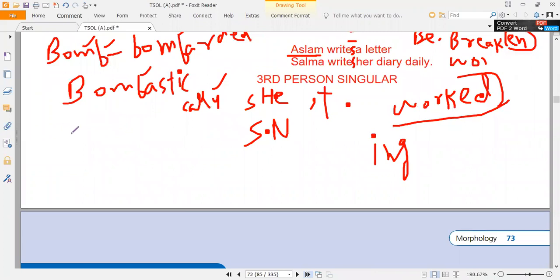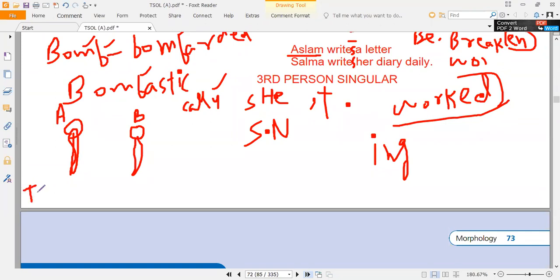Comparative degree, for example, if there is a person, Mr. or Miss A, and then there is another person, Mr. or Miss B, right? A and B, two persons are there. If I say that A is tall, this is the positive degree.